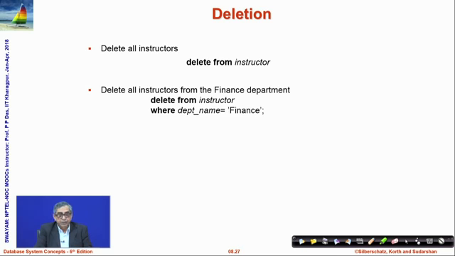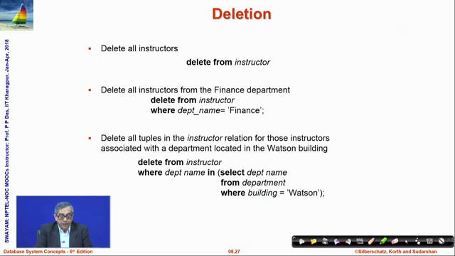So, it is very similar to select from where, but unlike select from where, here the table is actually changing in the database, because those instructor records whose department name was finance are deleted.